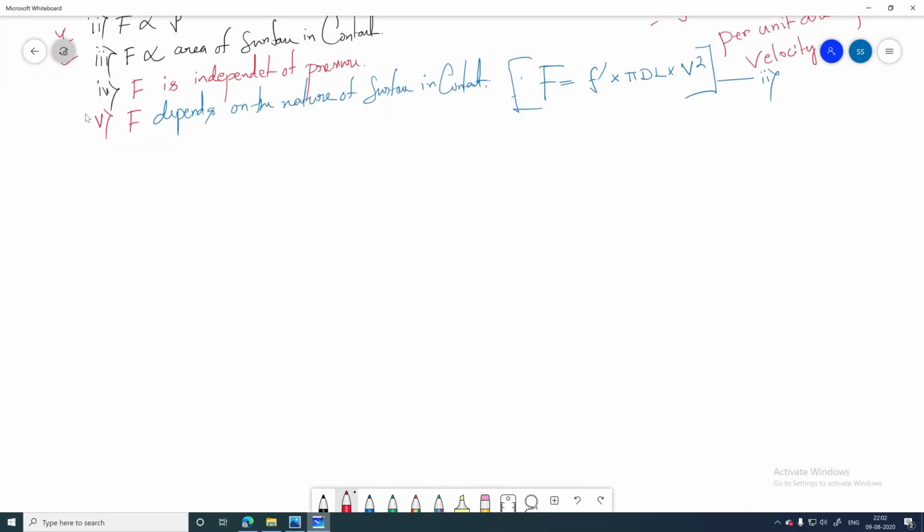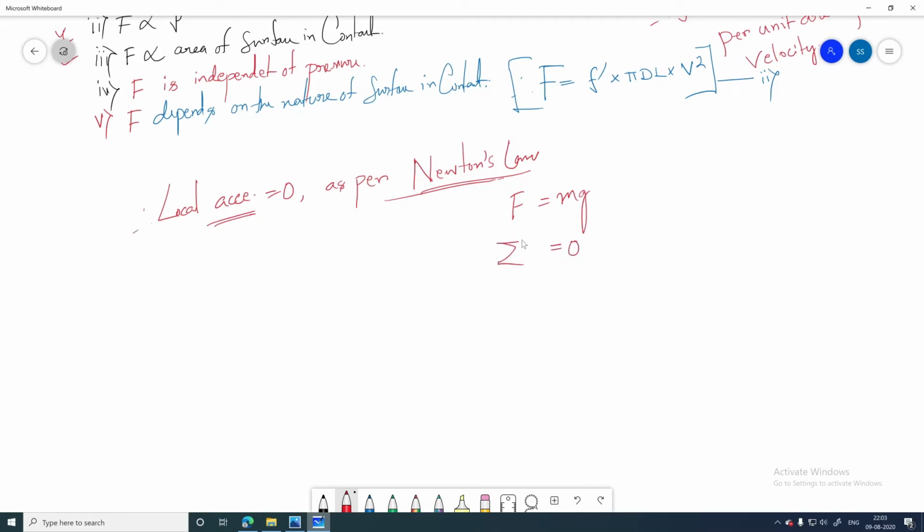So as per Newton's law, we know that F equals m a, where a is the acceleration. In our case the acceleration is 0, so definitely the F is 0. So the summation of all the forces in our case is 0.